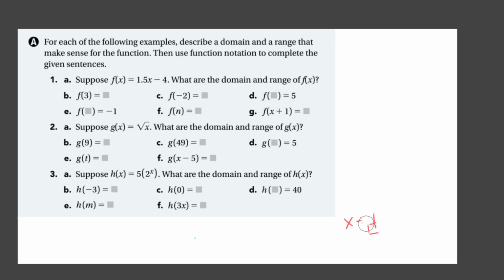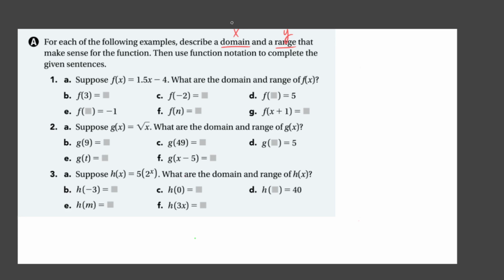Going through, let's do the first couple of problems together. In this first problem, it tells you, for each of the following examples, describe a domain and a range that makes sense for the function. The domain is basically which x values will work for that function, and range is which y values will work for that function.